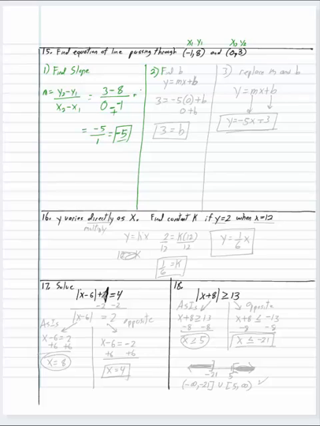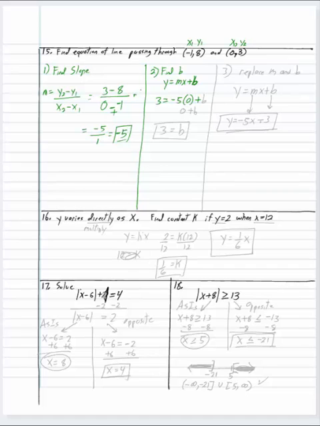Step 2 is we're going to find b. Our equation has the form y equals mx plus b. We know the slope, and we have two choices for x and y. Although I could use any one, I'm going to pick 0 and 3 to plug in, because anything with 0 makes it an easier problem. So y would equal to 3 equals to m, which is negative 5, times x, which is 0, plus b.